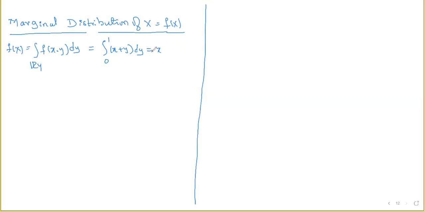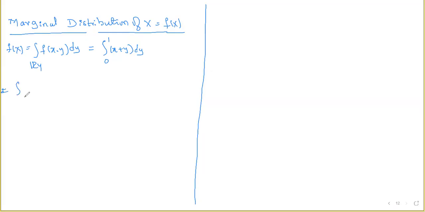So x is a constant, no need to take, here, plus integration of y is y square by 2, 0 to 1. Clear? Is it clear or not? If it is confusing, I will solve step by step. I hope up to here it's clear, right?